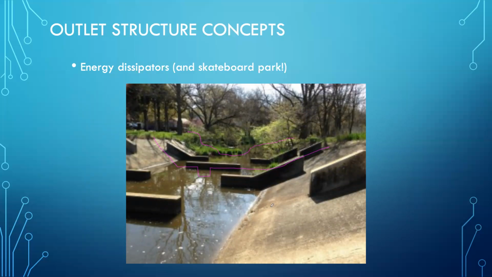And so these energy dissipators are provided so that the flow coming down the engineered channel, when it enters the natural channel, has used up enough of the energy that the velocities aren't so high that it starts to erode away the natural channel. And this vegetation right here is indicative that at least at the time the photograph was taken, the protection appears to be functioning.